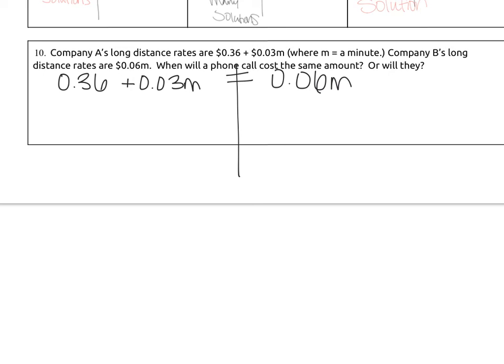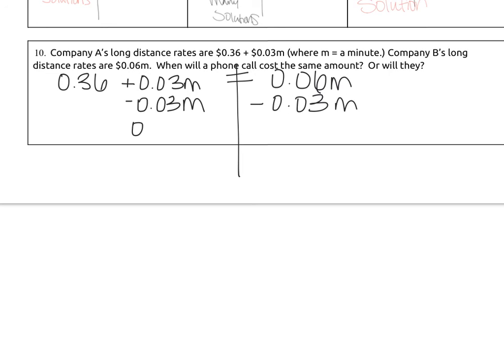Anywho, you have variables on both sides. I would suggest that you subtract 3 cents M from both sides because you want to get the variables together.